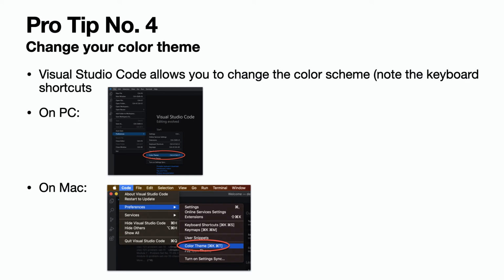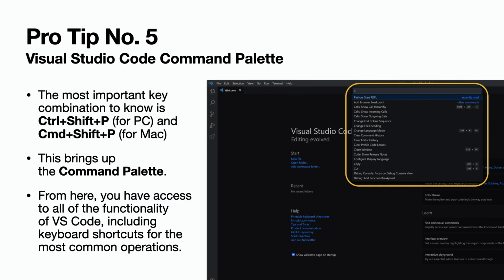They will pay off. And pro tip number 5, the Visual Studio Code command palette. Now, the most important key combination you're going to need to know for using Visual Studio Code is Control plus Shift plus P. That's just Control Shift P on a PC and Command Shift P on a Mac.